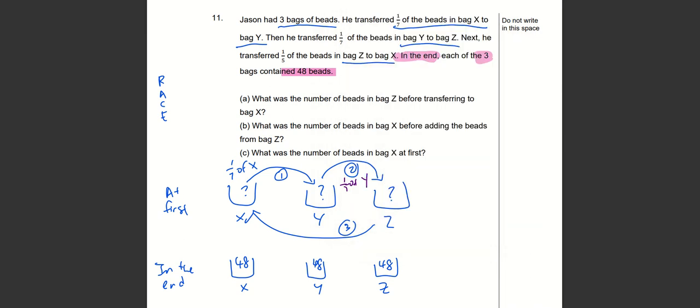Why is it the most important one? Because that's the one that you're going to use as the first step of working backwards. The last step will become the first step to work backwards. And this last one was 1/5 of Z.